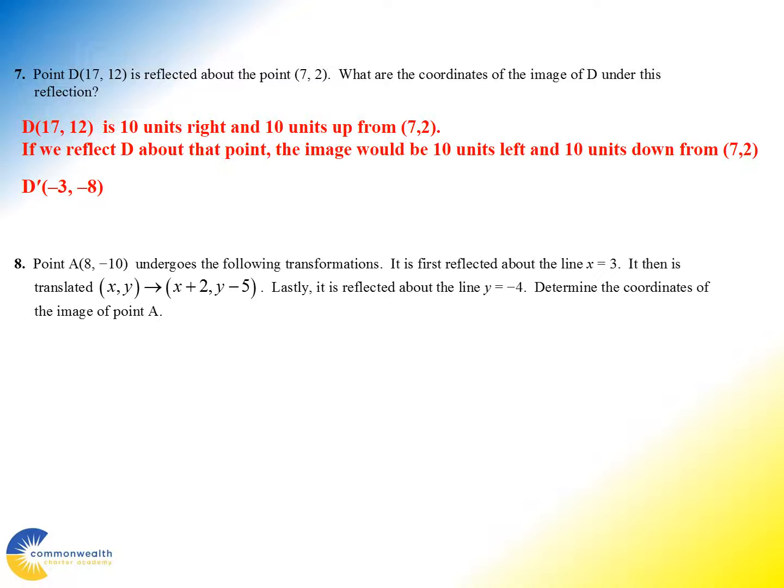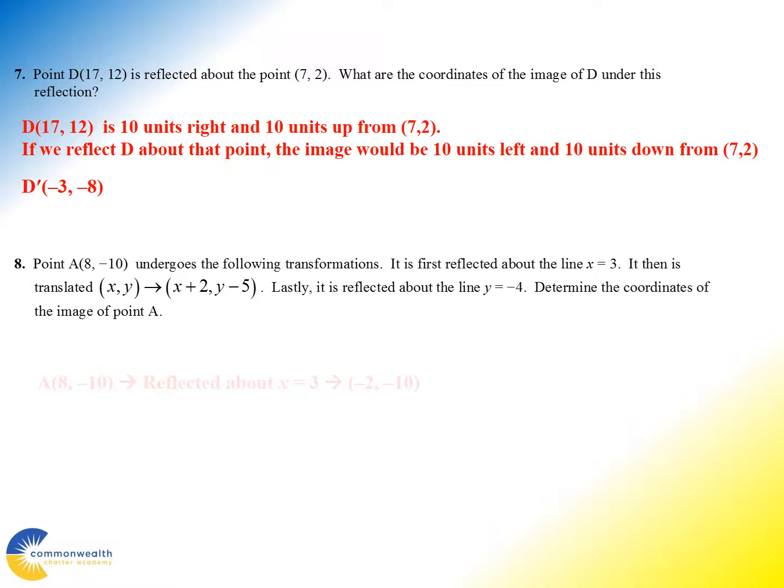We want to determine the coordinates of the image of point A. So the transformation is actually in 3 parts. So I've got to do one at a time, and it's important to know which order I'm doing them because the order does matter, which is why it's very direct in telling you which gets done first, which gets done second, so forth and so on.